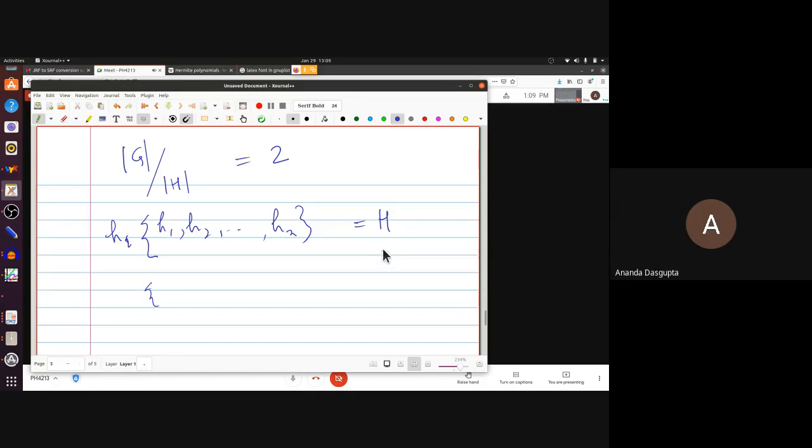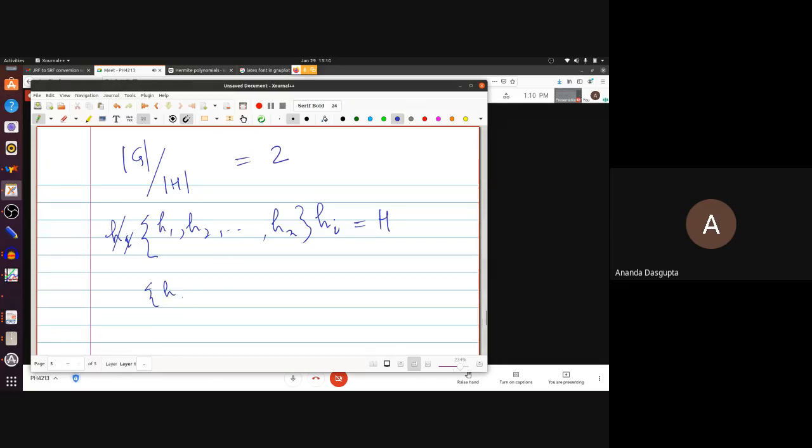So the left cosets will all be capital H. What about the right cosets? They'll also be H itself. So in this case the left coset and right coset will be equal, but that's trivial. That happens for every group. If you take elements from capital H itself, then whether you put them on the left of capital H or to the right of capital H, you will end up with capital H itself.